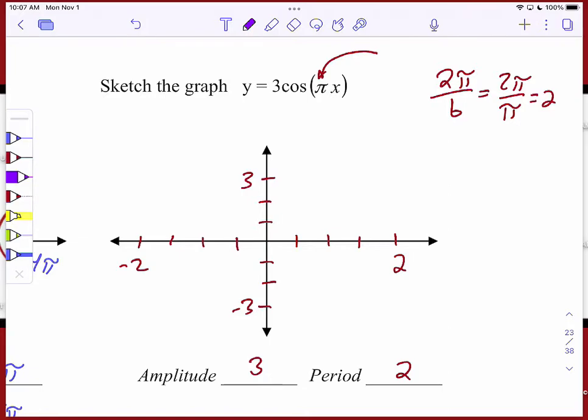So cosine normally starts at 1, but I'm starting at 3. And I'm going to make this V shape here. And so just by labeling the axes like this, I took care of the amplitude, I took care of the period. So you can usually do amplitude and period all in that first initial graph that you make, which is all that you need for this one.